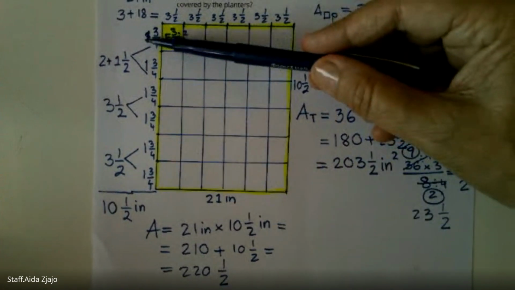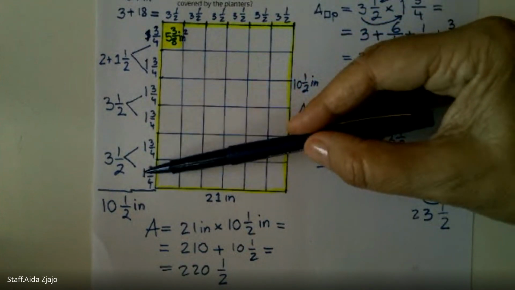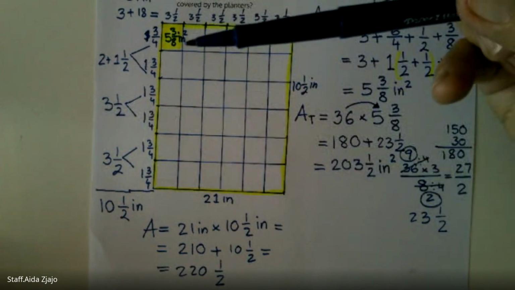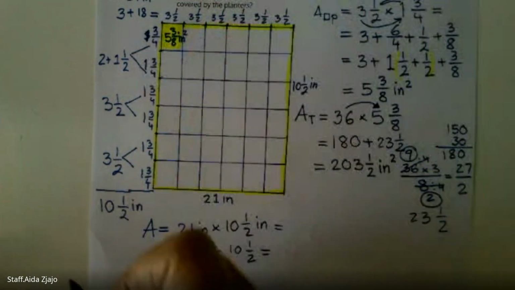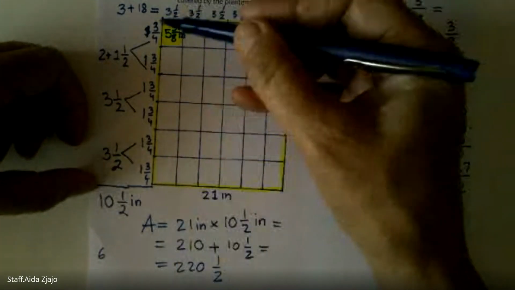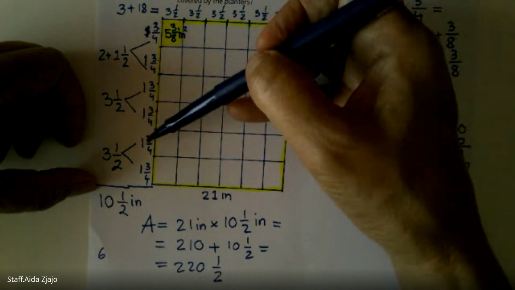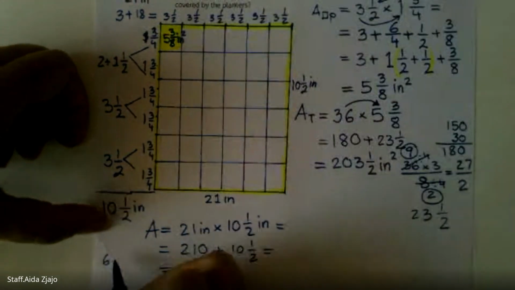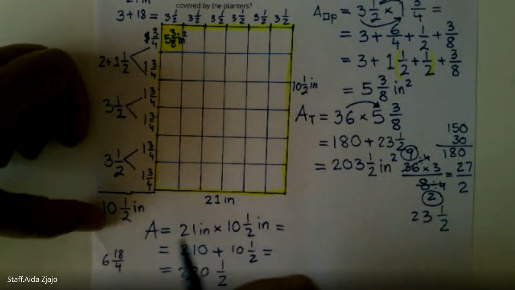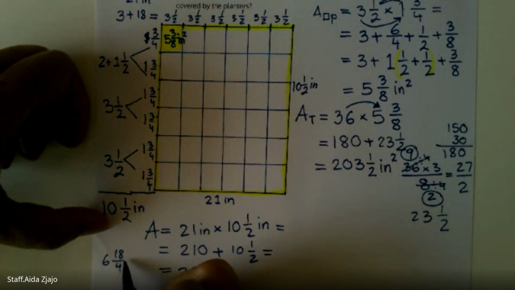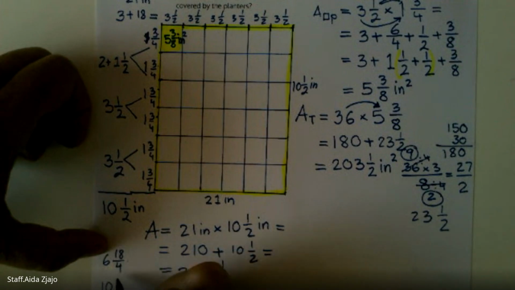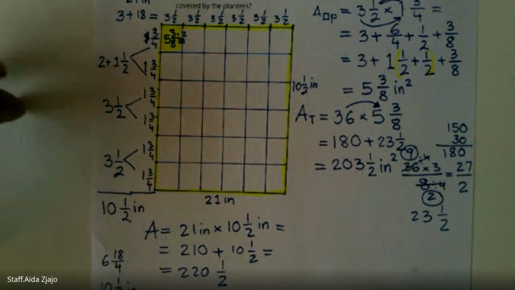Now this 1, 2, 3, 4, 5, 6 wholes, plus 1, 3, 6, 9, 12, 15, 18 wholes. So that would be 4 times 4 is 16. So that is 10. And 2/4 makes a half. So that should also be correct.